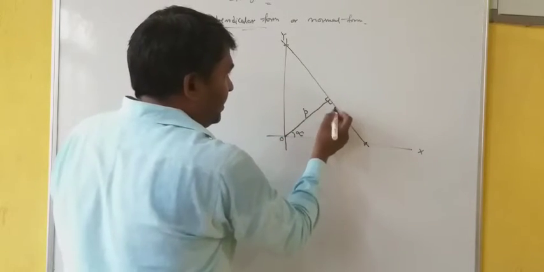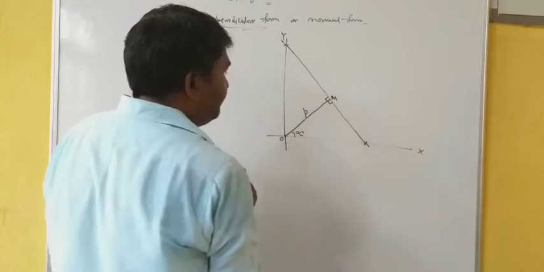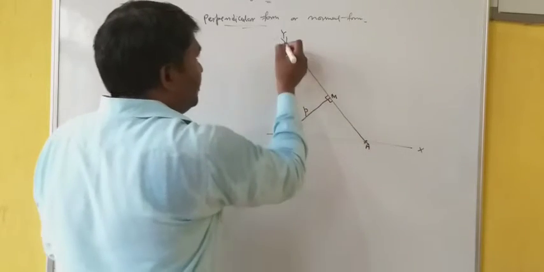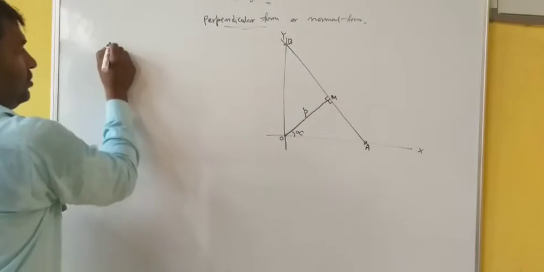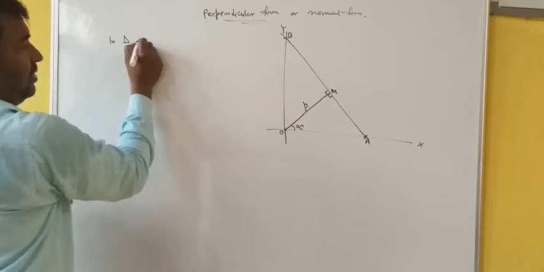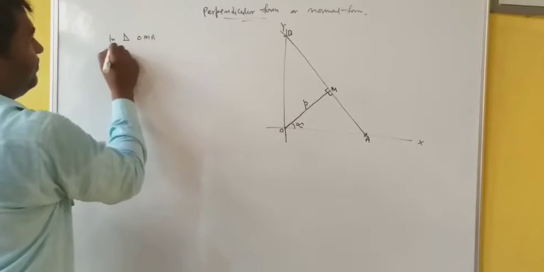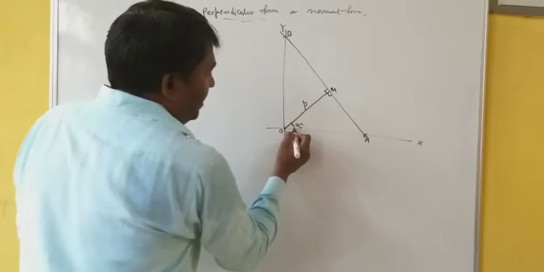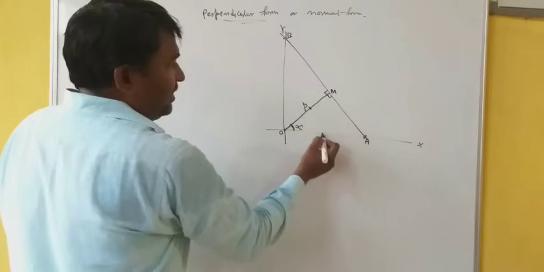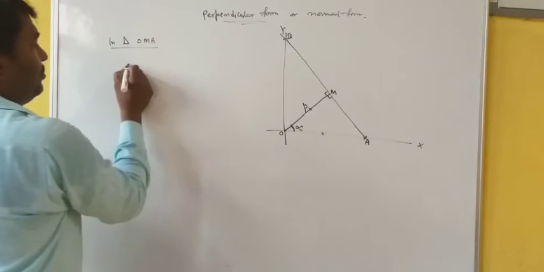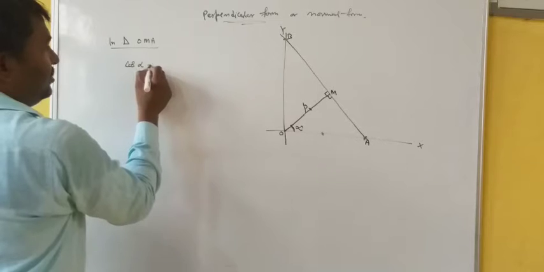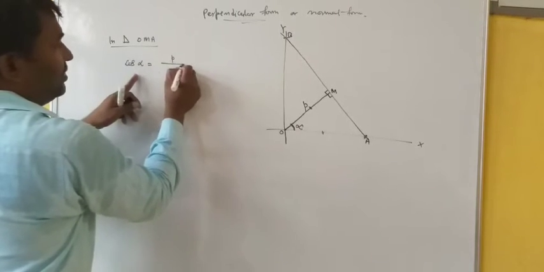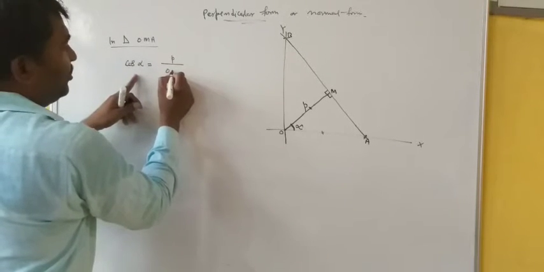So for this right angle triangle, let this point be M. This is A and this is B. So in right angle triangle OMA, for this angle alpha, this is base and this is perpendicular. So here cos alpha is equal to base upon hypotenuse.